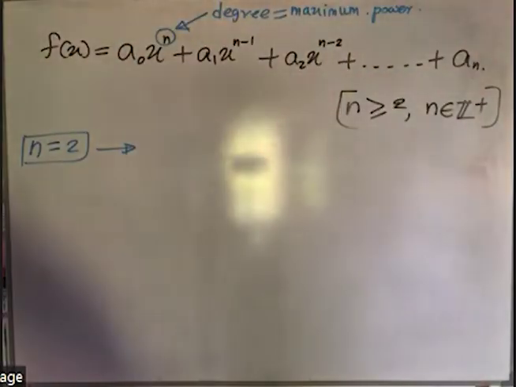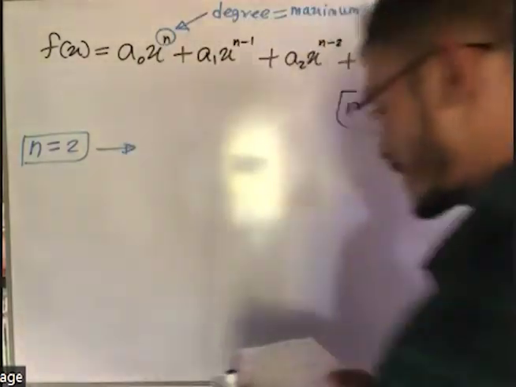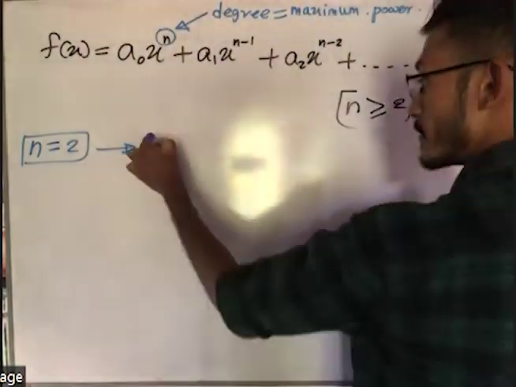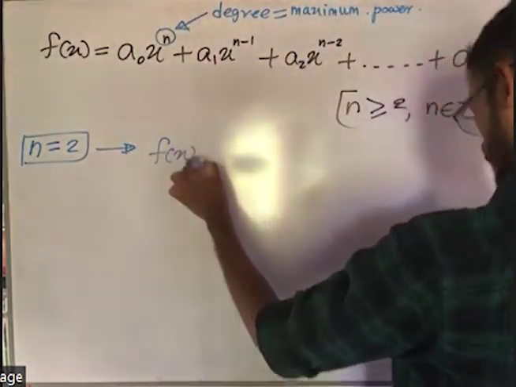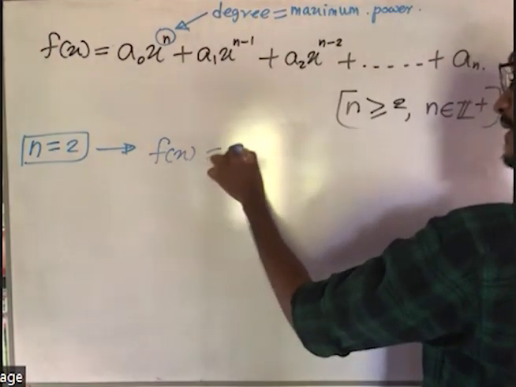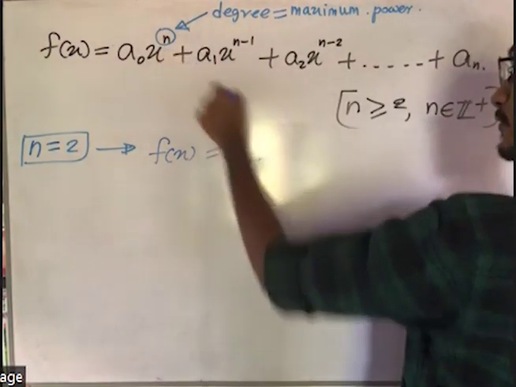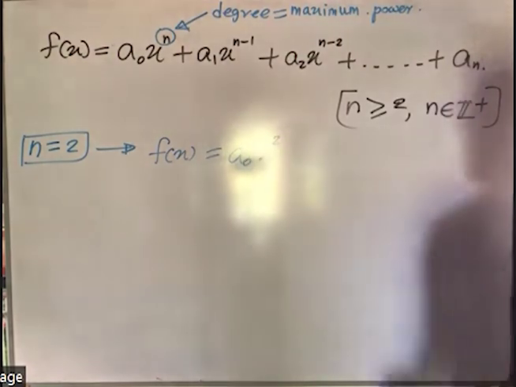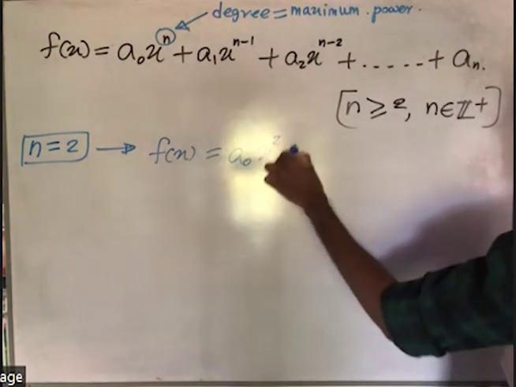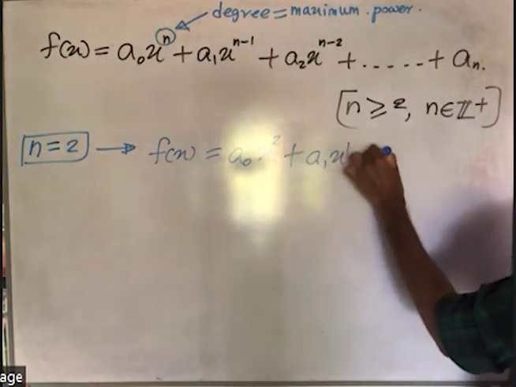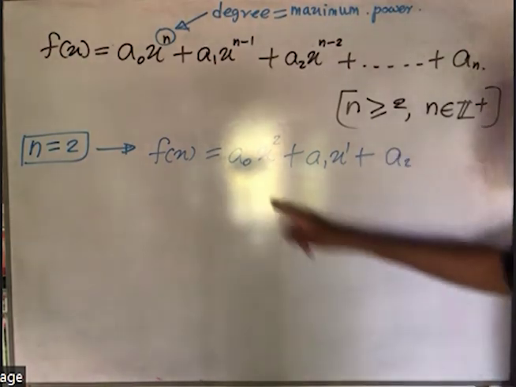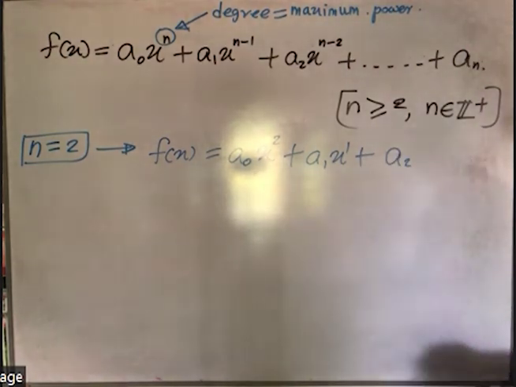Okay. Then when n equals 2, we can write f(x) equals a naught x squared plus a1 x to the power 1 plus a2. Here a naught, a1, a2 are just constant terms.